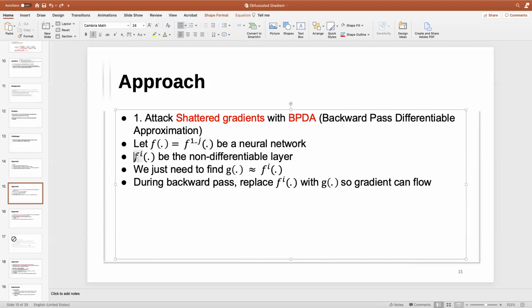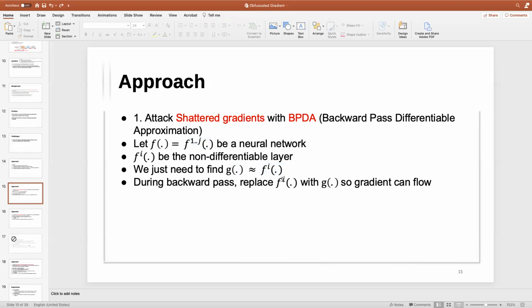Then one of the layers, maybe Fi, is a non-differentiable layer. Then we just need to find a function J to approximate Fi. Then during the backward pass, we replace Fi with J, and because this J is a differentiable function, the gradient can flow.